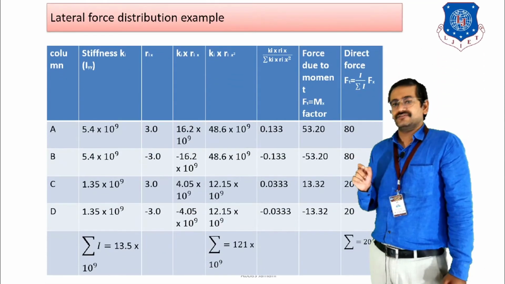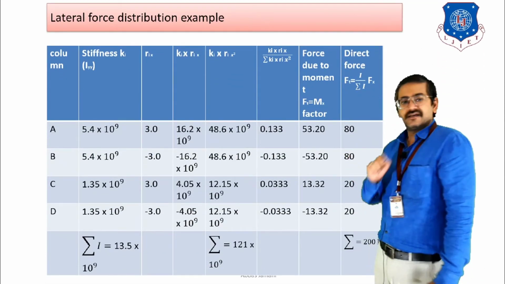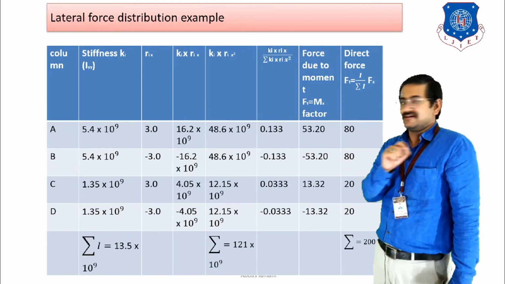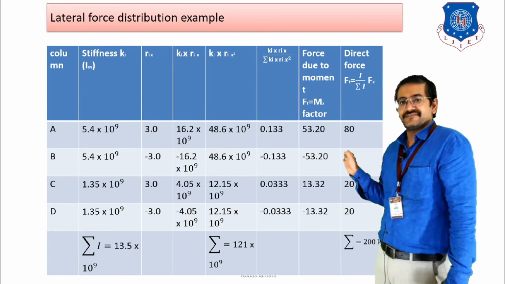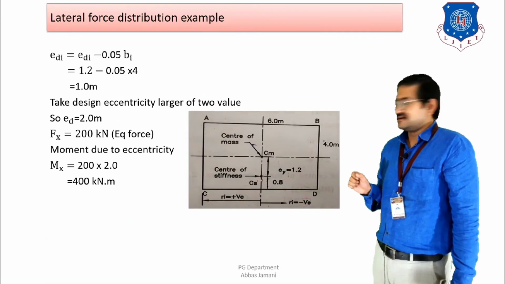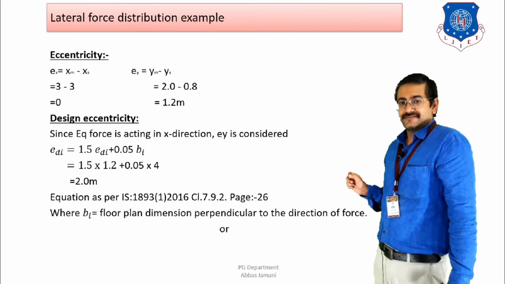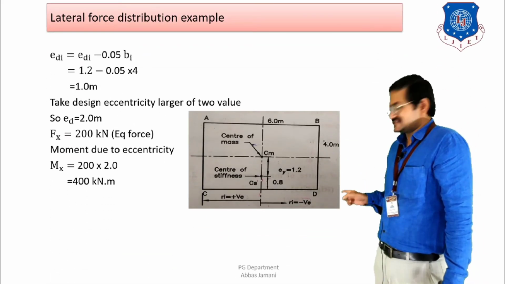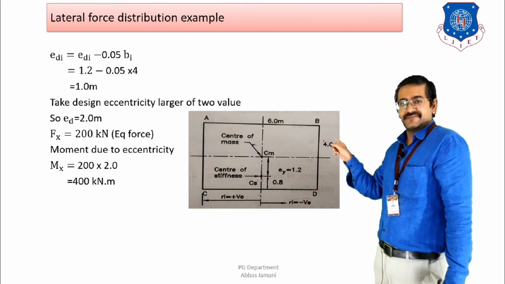So if I go back to this table, then in case of Rix, if I want to put the value for the column A, then if I look at the figure, I can say that the value is going to be 3. How it is going to be 3? As you can see in the figure here, the dimension in X direction is 6. A is the first column that is shown, right?